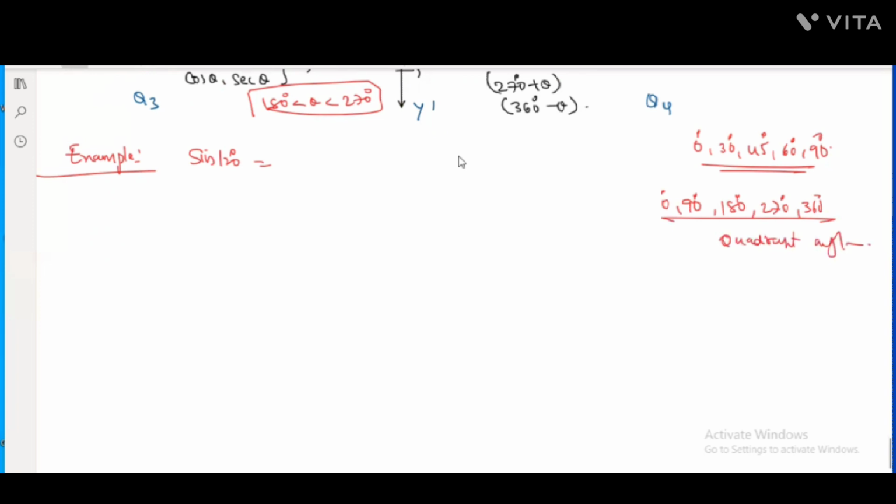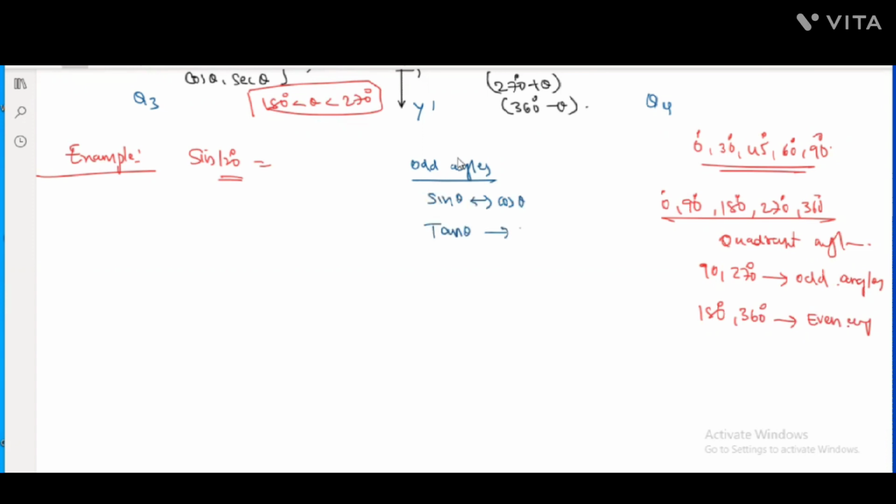So this 120, we have to convert into the nearest quadrant angle. Here, 90 and 270 are called odd angles. 180 and 360 are called even angles, not numbers. Before discussing this question, let's know: if odd angles come, then sin theta will be changed to cos theta, and cos theta to sin.